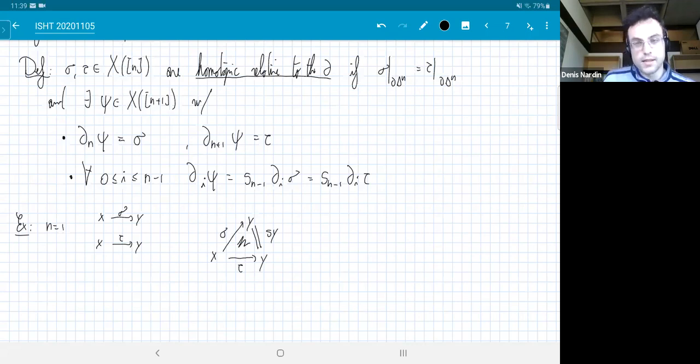If you think of these as paths, I'm asking to have a map from delta 2 into my space that's constant on the target. The target doesn't move, but it moves from sigma to tau. It's slightly different from the classical notion of a homotopy relative to the boundary, which would be a map from delta 1 times delta 1, but it should be clear that it is equivalent.